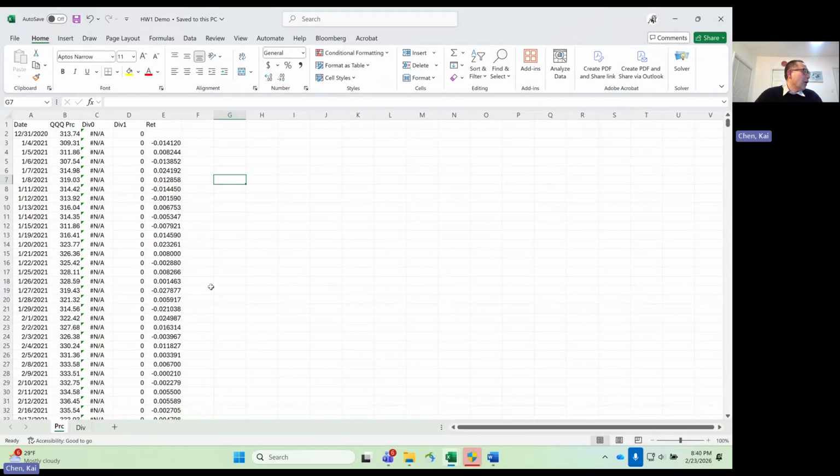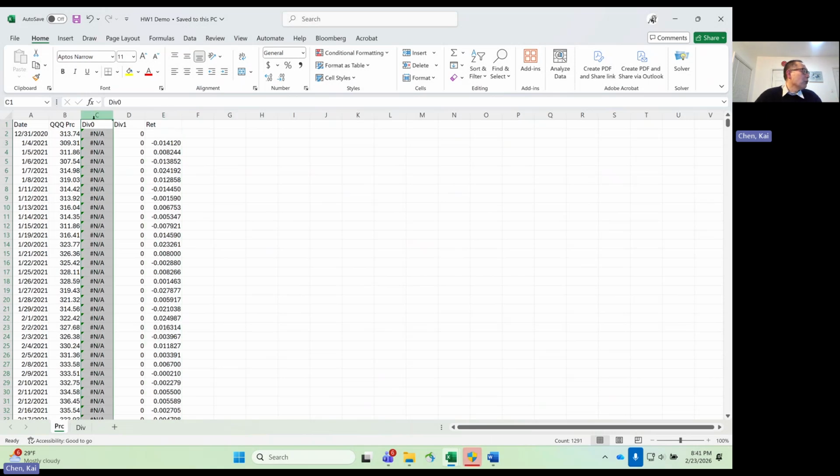Until now, we have merged the dividend data with the close price data, and we have calculated the return, right? When we merged the data, we used two steps.